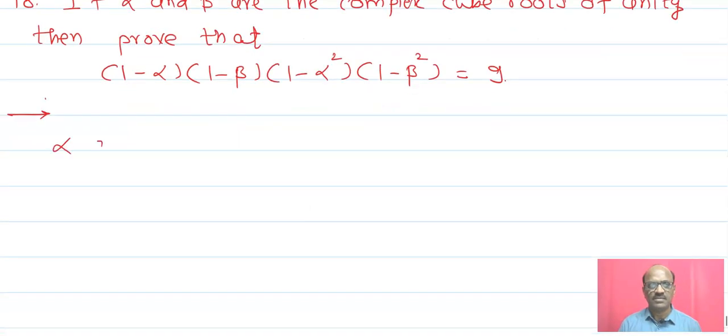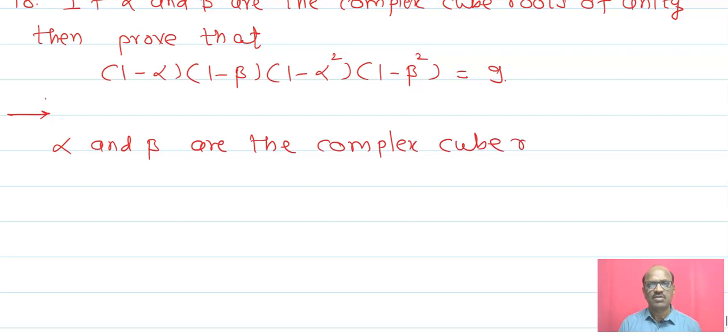Therefore alpha and beta are the complex cube roots of unity, alpha square is equal to beta and beta square is equal to alpha.